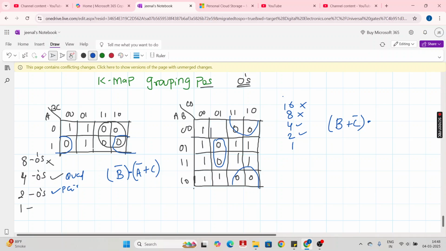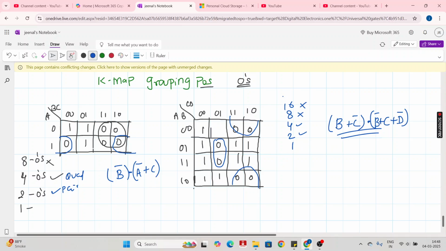I have one more pair here in which what remains constant is CD. So I will write C plus D bar since D is 1, and amongst A and B, B remains the same with 1, so I have B bar plus. So this is my sum and this is the final equation of this grouping.